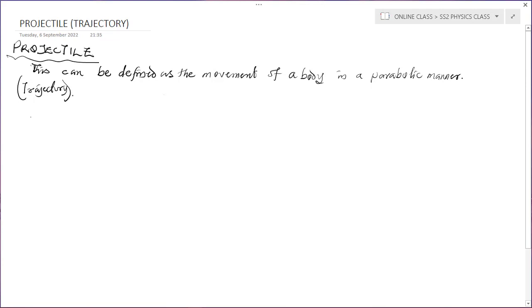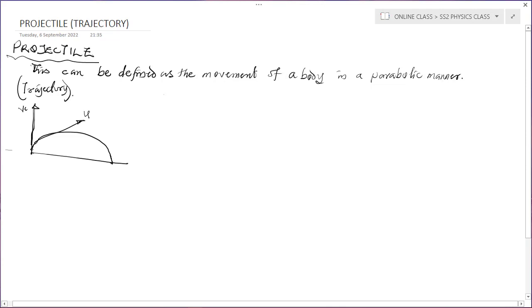Now look at the picture below. Let me draw a picture to represent this motion itself. When a body is projected, it moves like this, in a parabolic manner. Here we have our velocity u, and here is taken to be the vertical component.